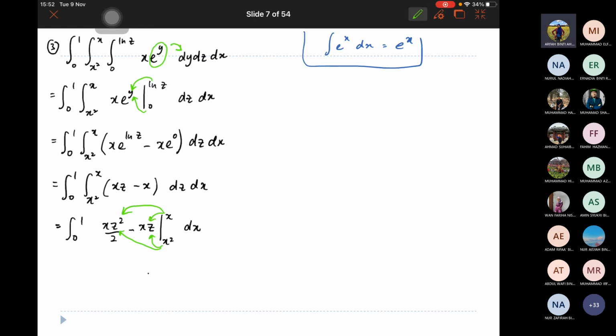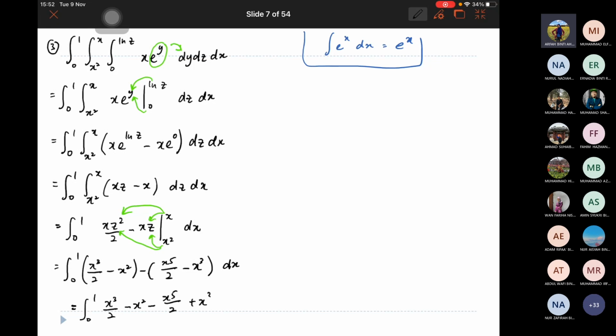Okay. So daripada sini gantikan dan akan dapat integrate 0 sampai 1 x kuasa 3 per 2 tolak x kuasa 2. Okay. Then minus x kuasa 5 per 2 tolak x kuasa 3 dx. So akan dapat integrate 0 sampai 1 x kuasa 3 per 2 tolak x kuasa 2 tolak x kuasa 5 per 2 tambah x kuasa 3 dx.